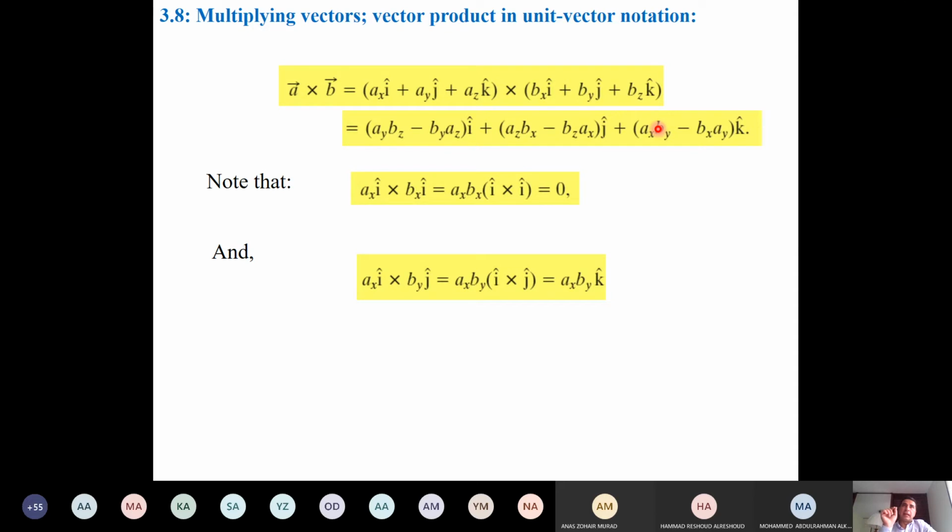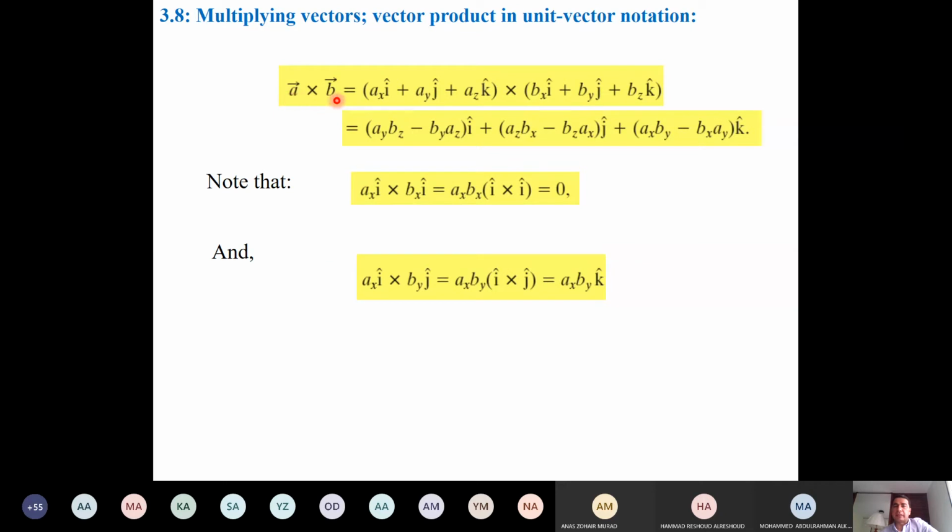You keep A11 constant and multiply it with A22 and A33, so you are making the product in a zigzag, cross way. This is the determinant product which we are seeing here, but that is not shown here because the assumption was that the determinant might not be known to a lot of students here. So let me go over these vector products here.